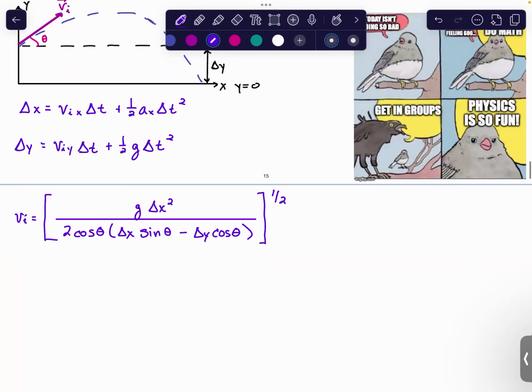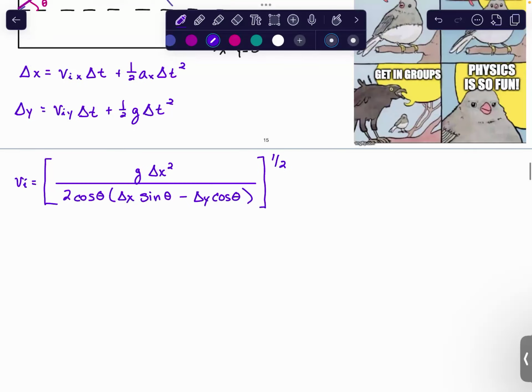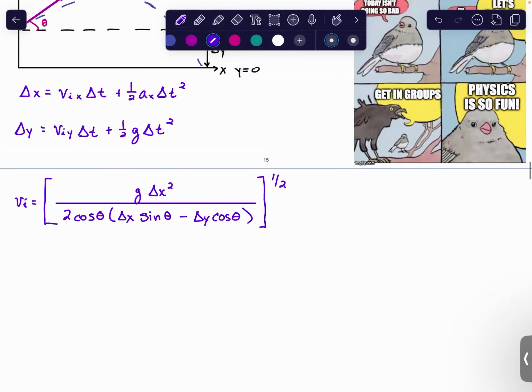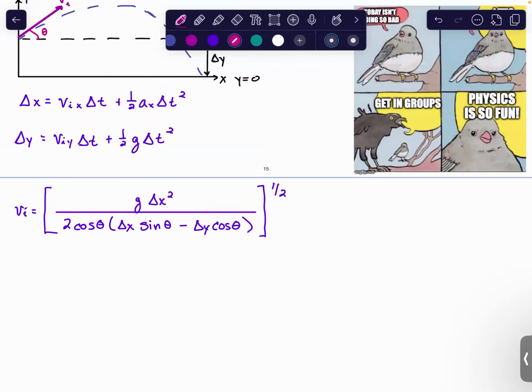You did the best. So, a couple of things we don't know. We don't know delta t, so that's got to go away. There's no x acceleration.